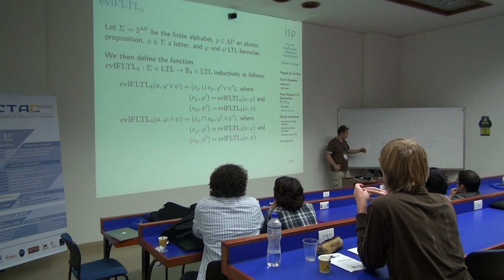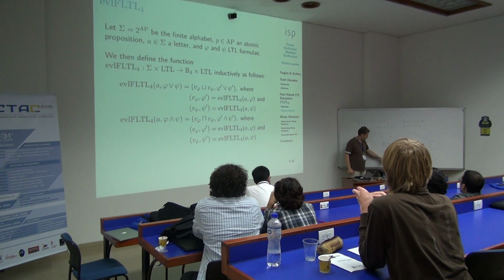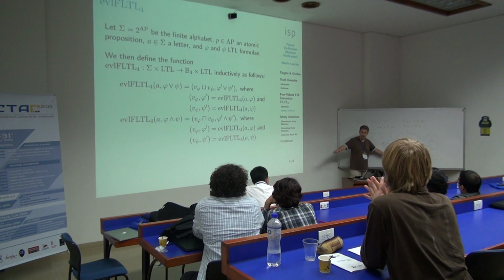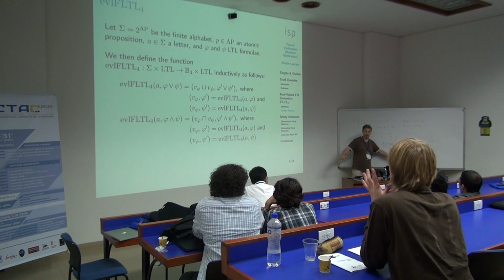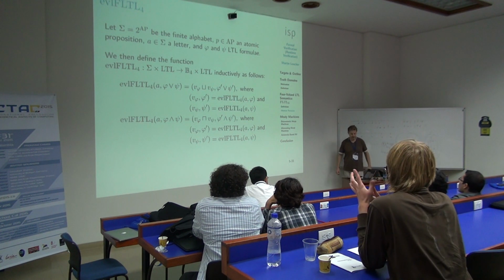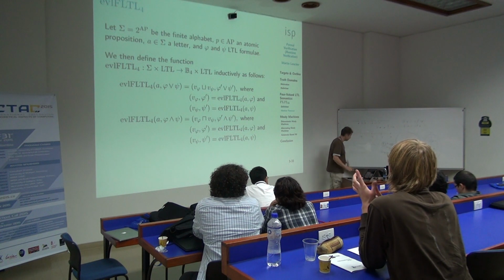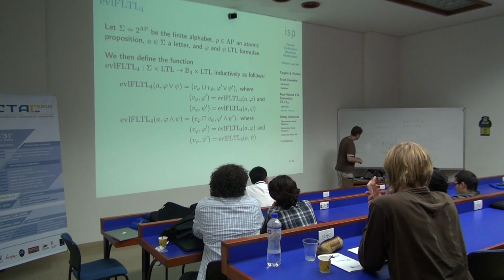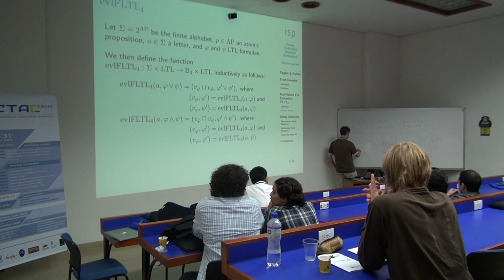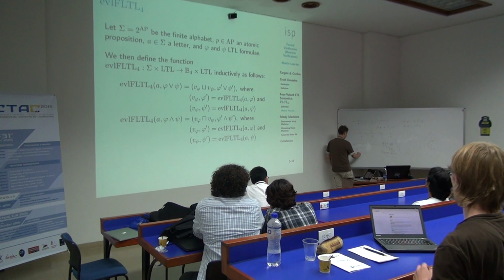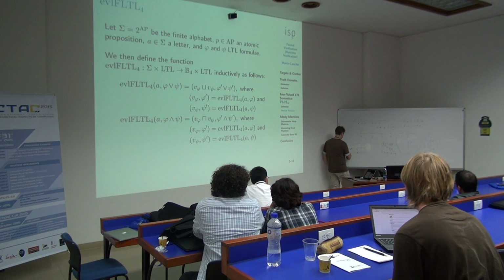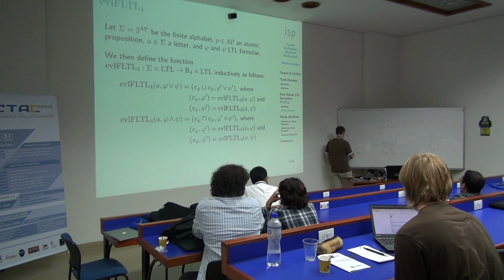For a universal automaton, the idea would be continue in Q1 and accept the rest of the word, and continue in Q2 and accept the rest of the word. Both paths have to be accepted. And so we have this disjunction of states, which is like non-determinism, and conjunction of states, which is like universality.